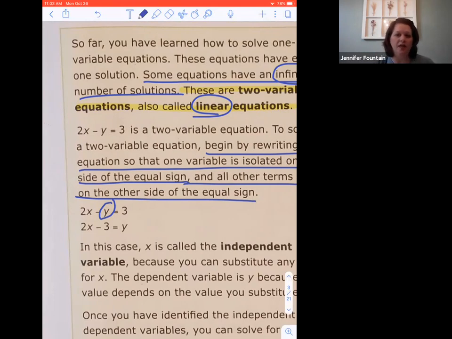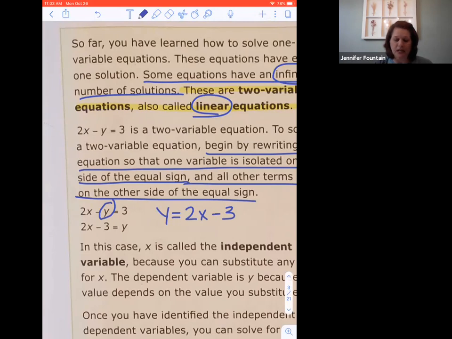I don't want to have to deal with that. So I look at the variable that's by itself, and I'm going to isolate that variable. If you wanted to write it the other way, you could also have it as y equals 2x minus 3. Remember, whether my y is on the left or on the right, it's exactly the same, just a mirror image. So in this situation, we've been able to solve for y.